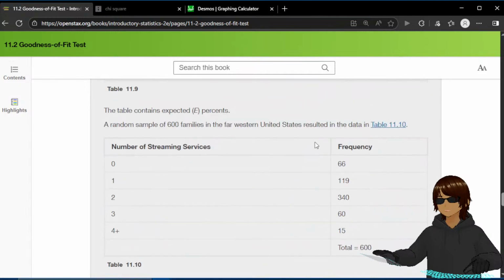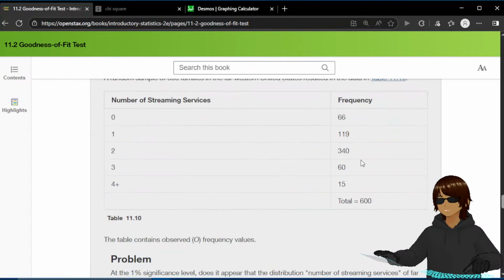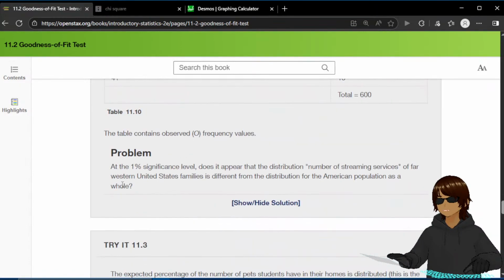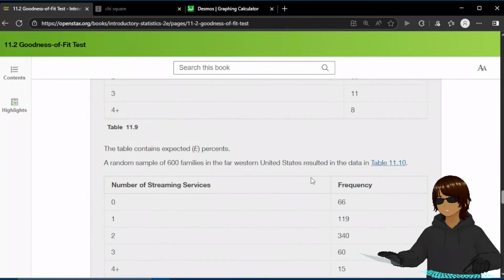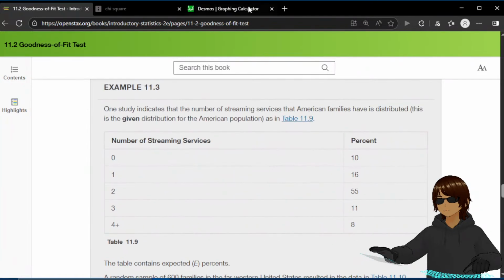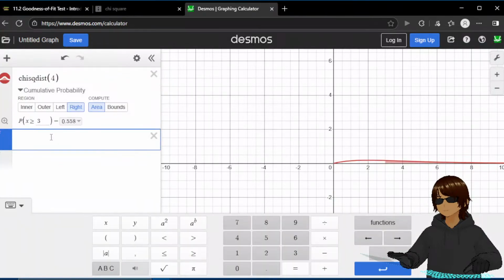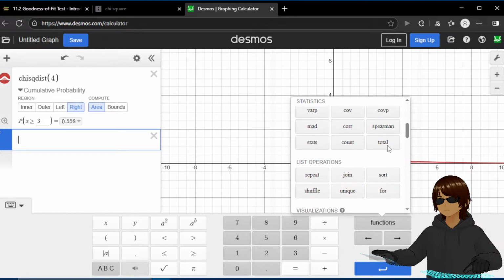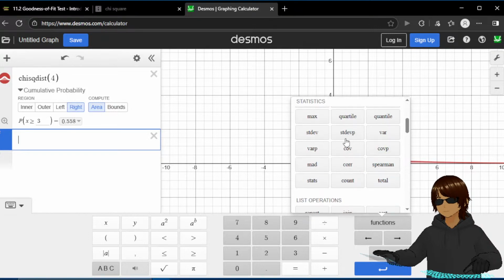So this is the expected, and this is what we got from our sample. 1% significance level. Okay. So we have the count, total, statistic.